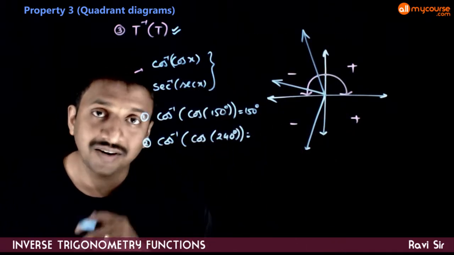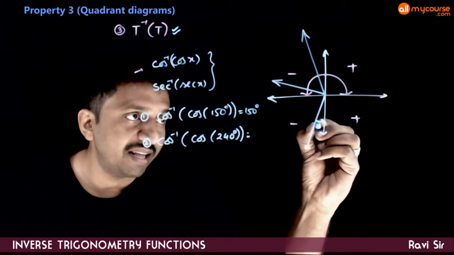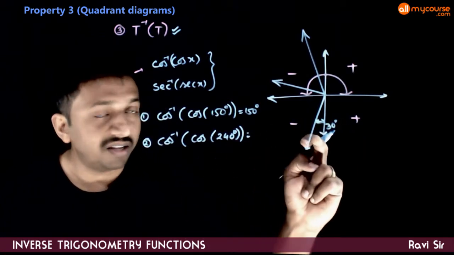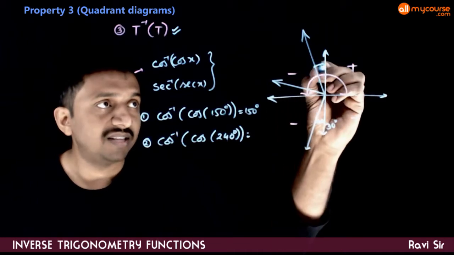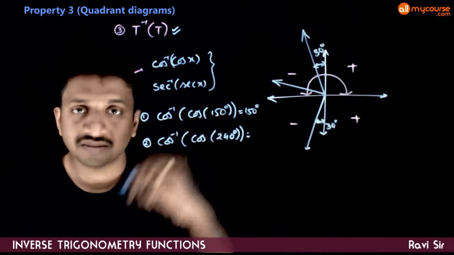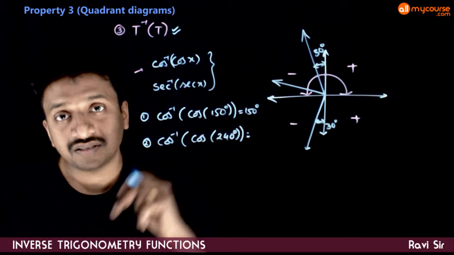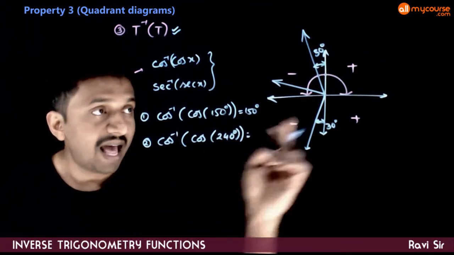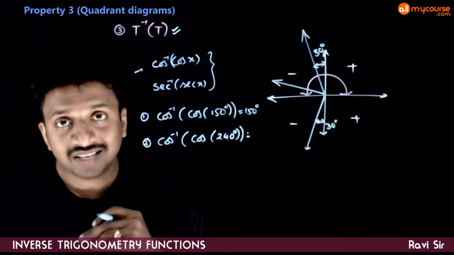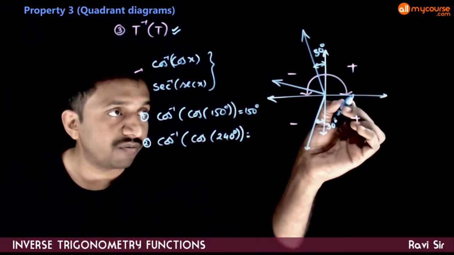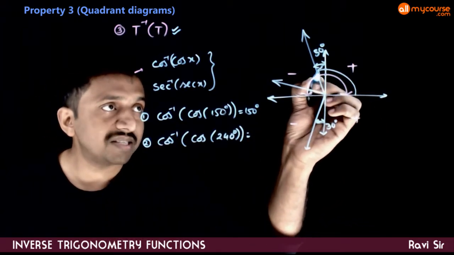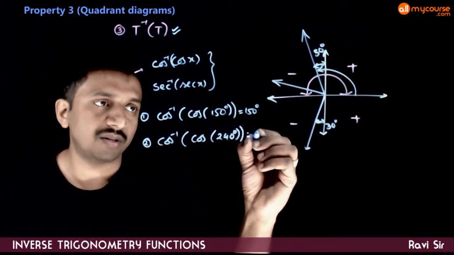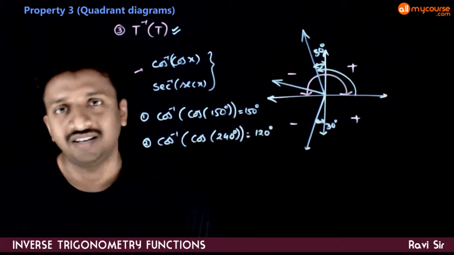If this is 240 degrees, this angle is how much? 30 degrees. On reflection, if this angle is 30 degrees, this angle is also 30 degrees. Now corresponding to this ray, what is the standard angle? Standard angle has to be measured from the positive x-axis. So from here, what is this angle? 90 degrees plus 30 degrees. So the answer is 120 degrees.